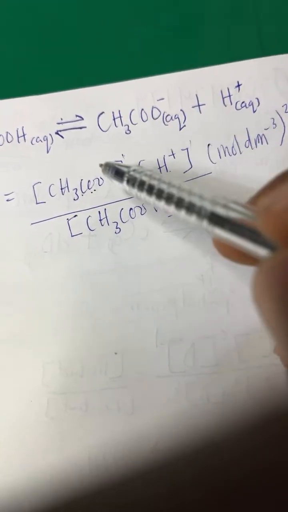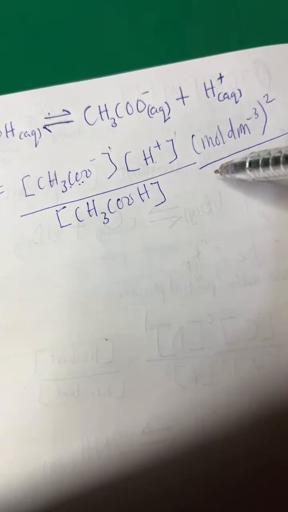If you use your normal indices law, you are supposed to have moles per dm cube to the power 1 plus 1, which is 2, all over mole per dm cube.